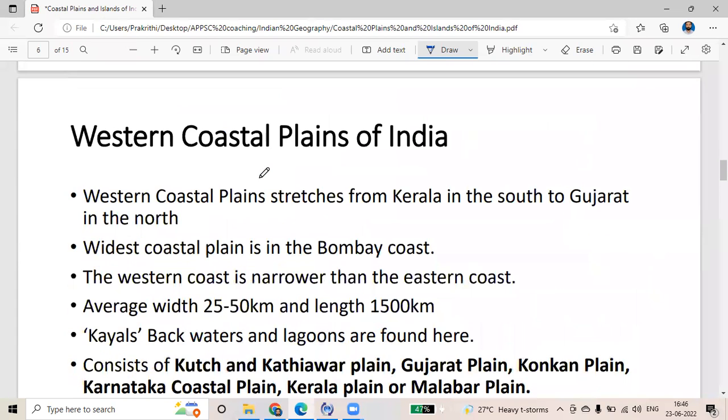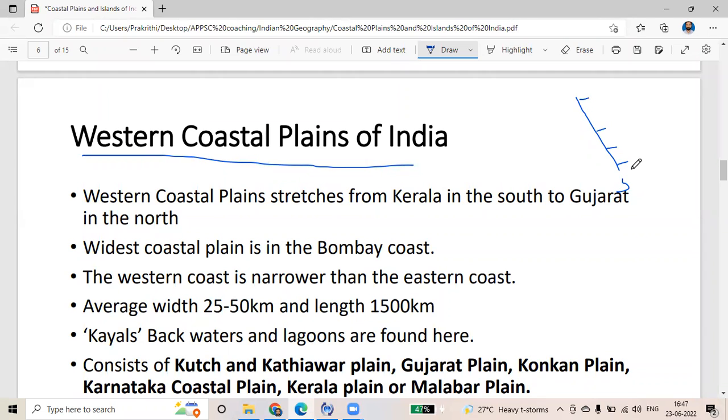After this eastern coastal plain, on the opposite side, we have the western coastal plain region. If we take from the southern tip, we have Kerala here, Karnataka here, Maharashtra here, Gujarat here.